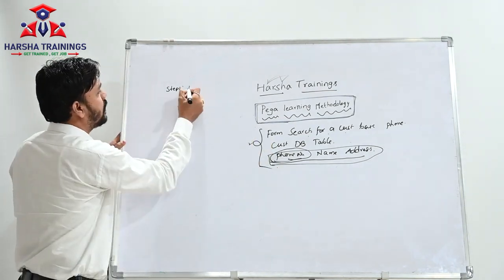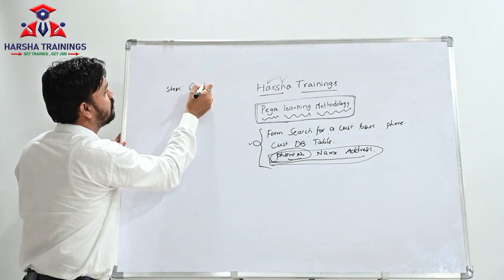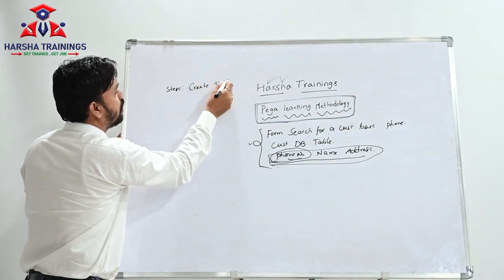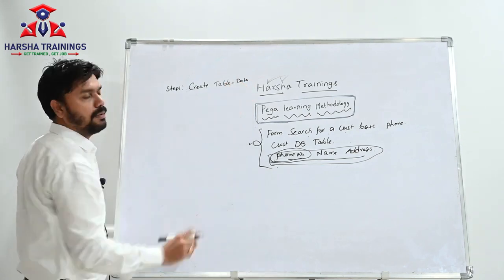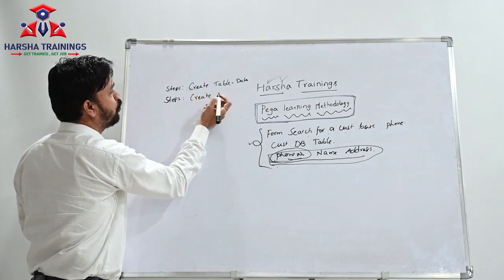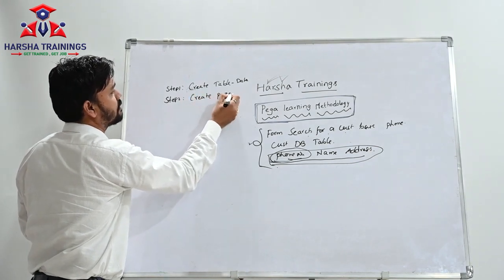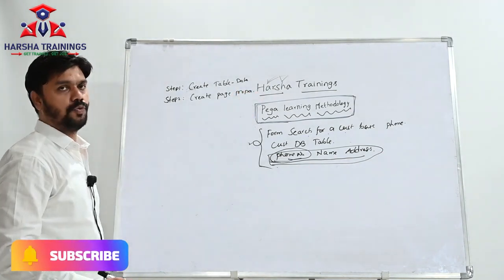So the table should be there. If the table is not there, then you need to create the table and have some data in the table. First you need to have properties, right? Step 2, create page properties, which you can use in the UI.